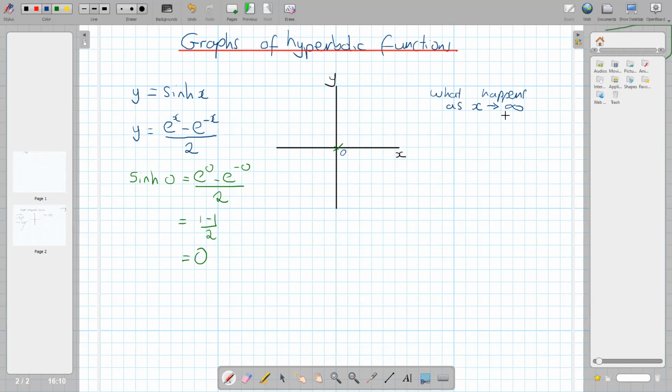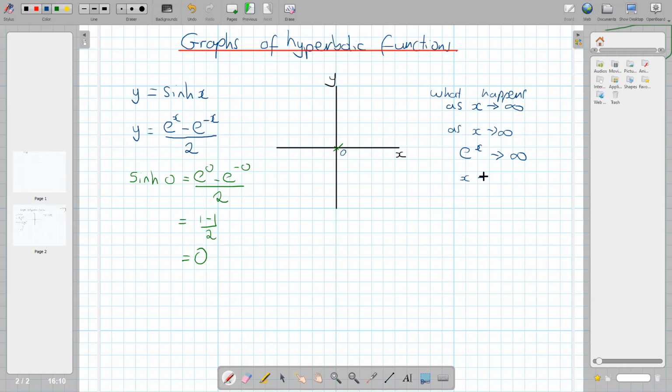Well, as x tends to infinity, e to the x also goes to infinity. It's going to be a big number.